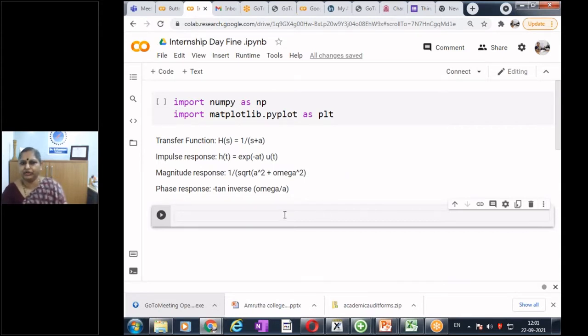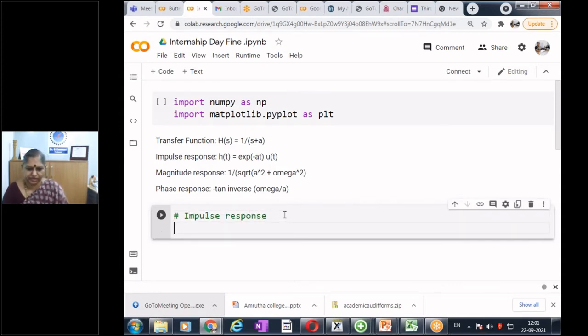We will take some value of H(s) and try to plot. So let us plot the impulse response. Let us consider our system is H(s) equal to 1 by s plus a, or say s plus 2.